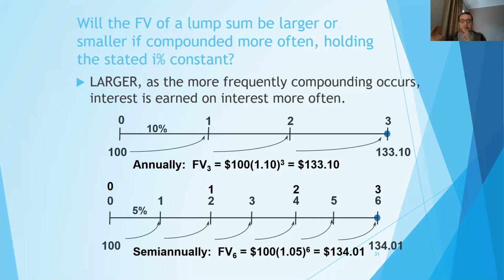Because we have 6 semi-annual periods in 3 years' time with 5%, not 10, but 5%, because it's half of it. Then we end up with more, 134, because the interest on interest is now higher, right? So you will receive your interest earnings more frequently. Then that's why you end up with a larger amount of money.